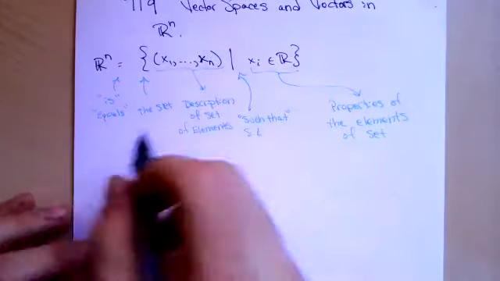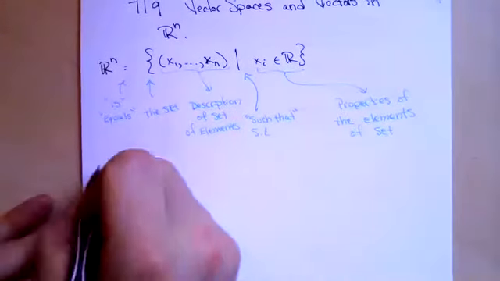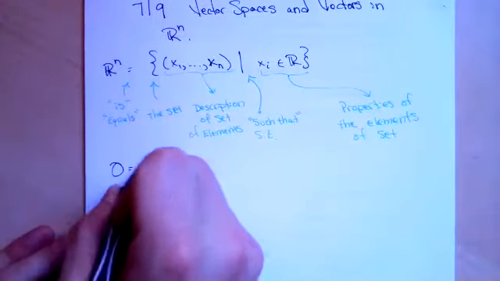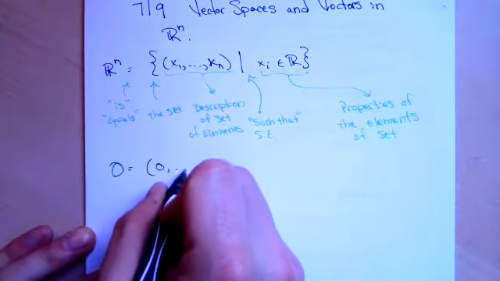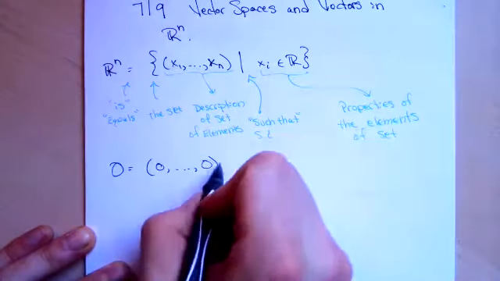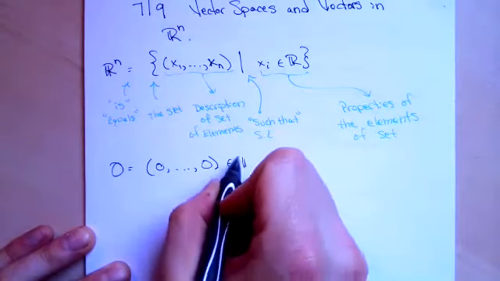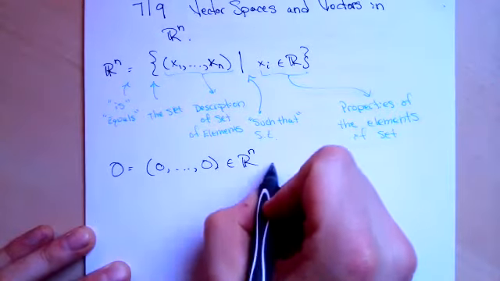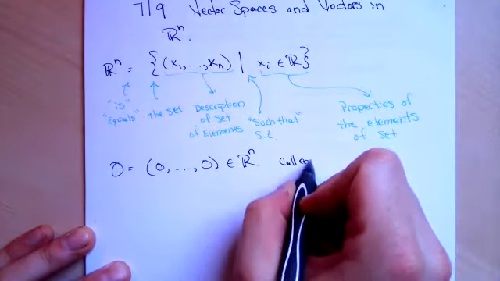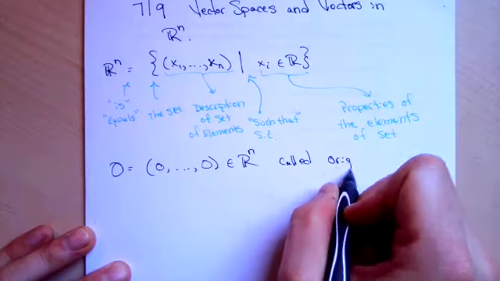Whenever we have Rn, we have 0, which is just the n-tuple of all zeros in Rn, and it is called our origin.